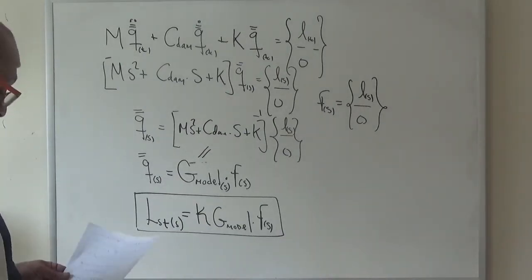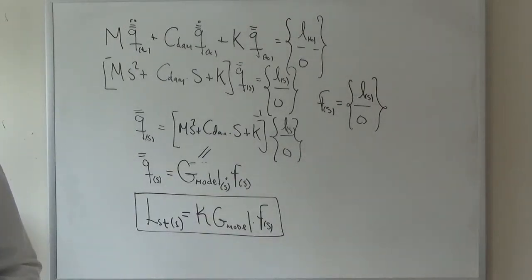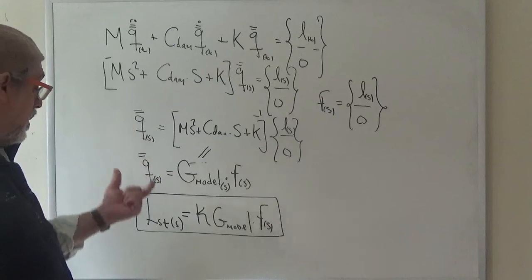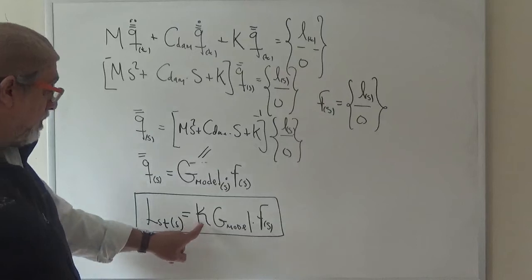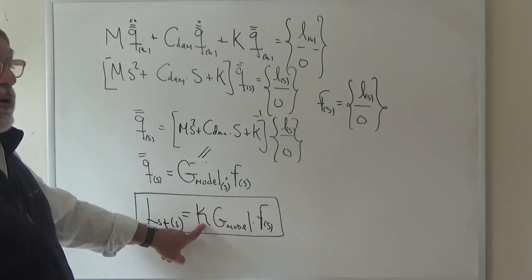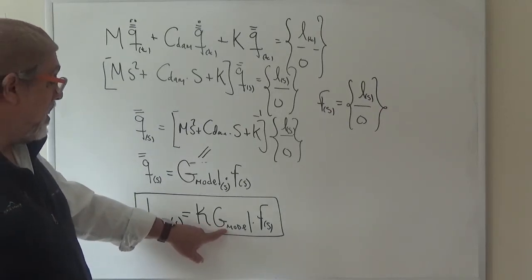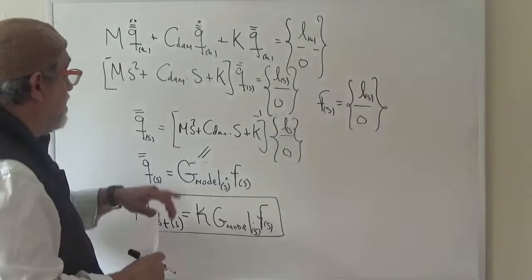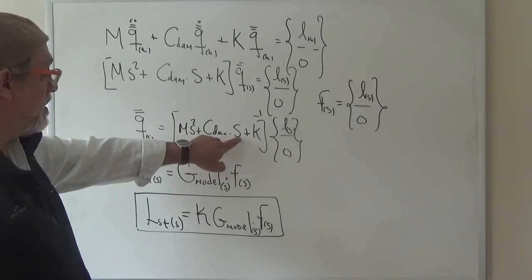So the final form of the DDLV method is this expression. The DDLV method is as follows. You need to have the stiffness matrix of the system in the undamaged state. You need to have the model transfer matrix at the selected value of s, which is this: it duplicates the stiffness, and adds M s squared and C damping s.